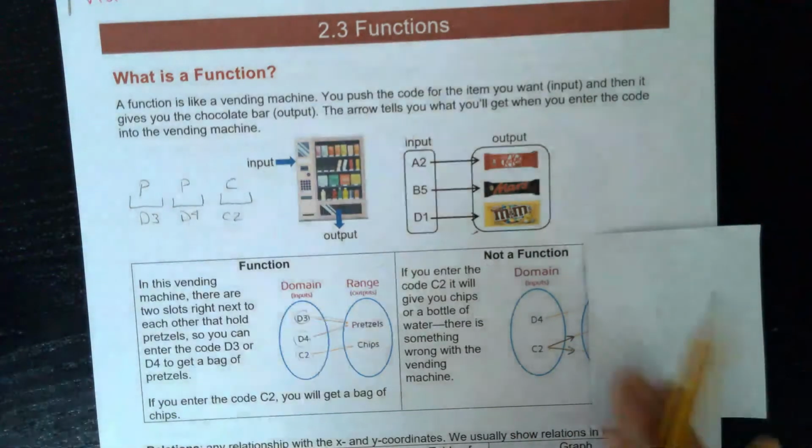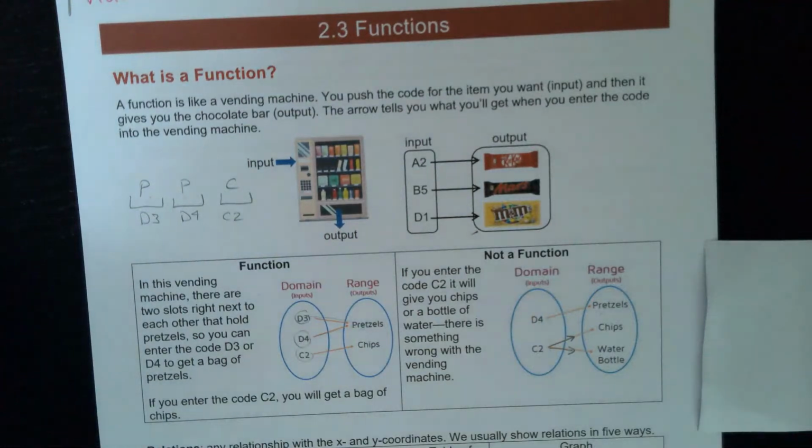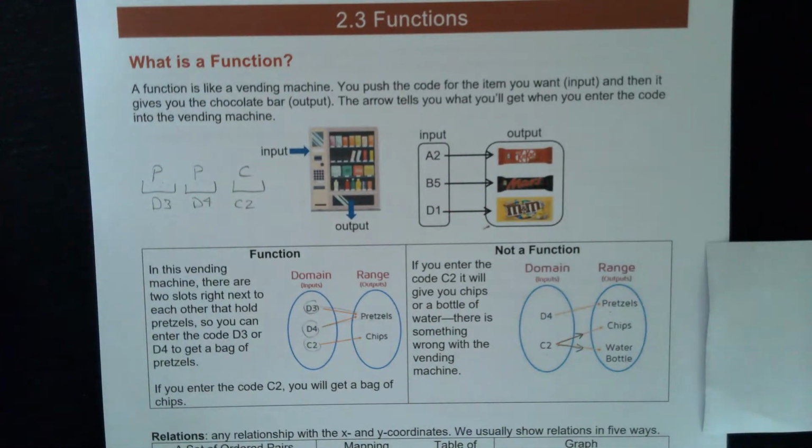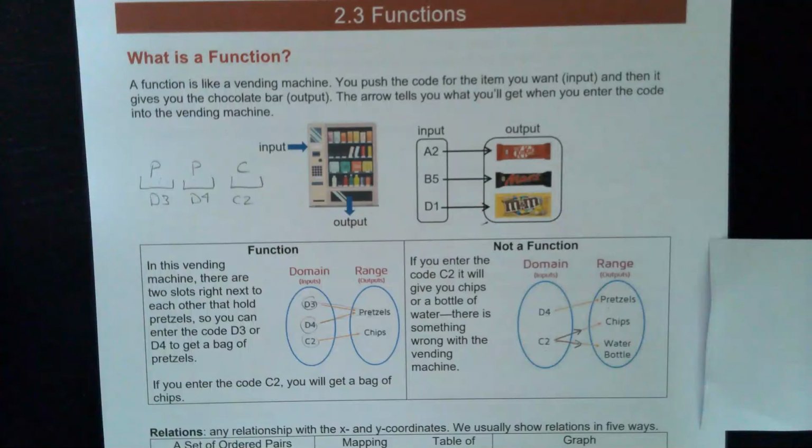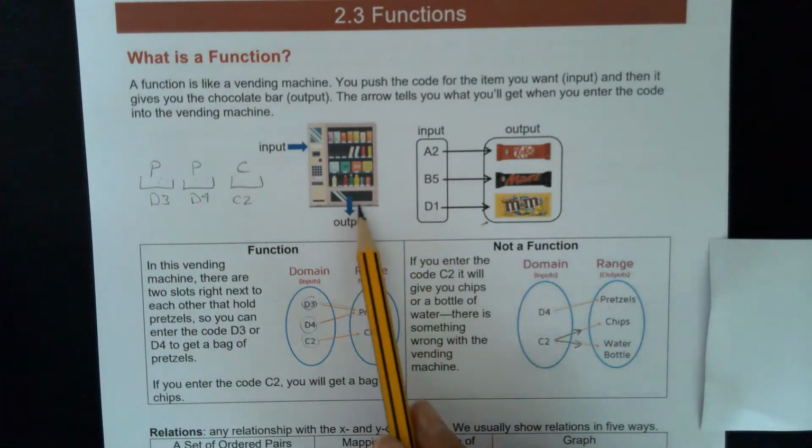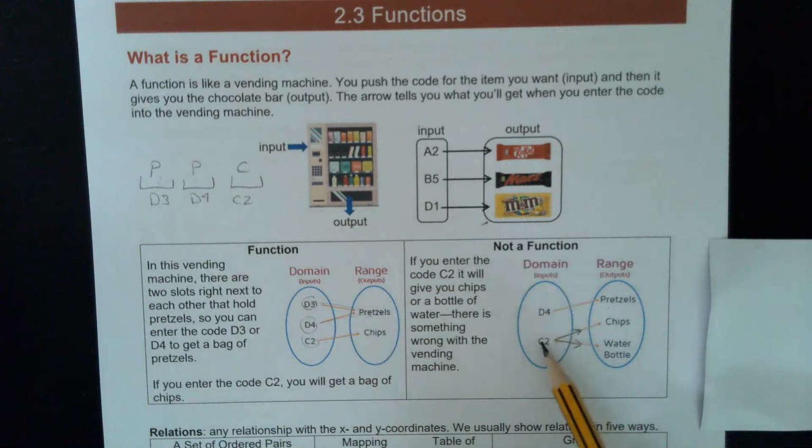You can think of it as the vending machine is broken, because the person who owns it is going to lose money if every time you push C2, two things come out. Whenever more than one thing comes out when you push the button, that's not a function.